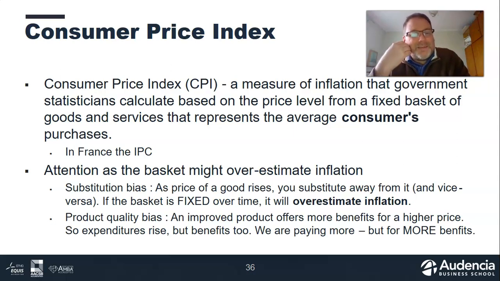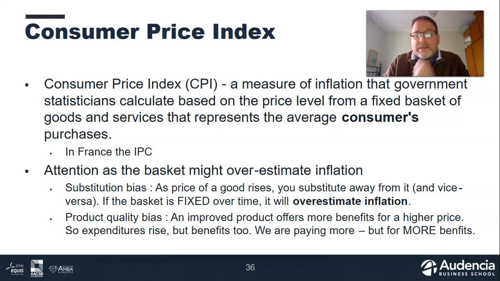So it's overestimating really the impact of price changes. So those are two very simple ways to see that the price index is not always a great reflection of inflation impact on people, and it will overestimate price rises.